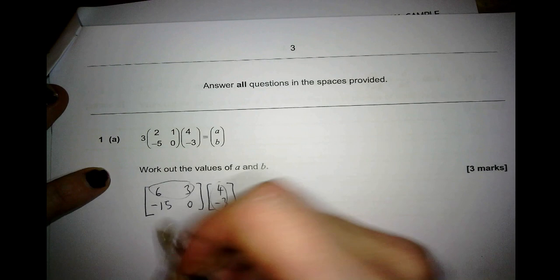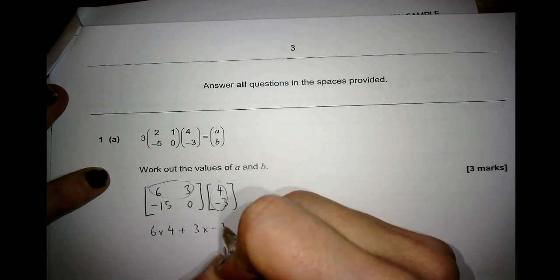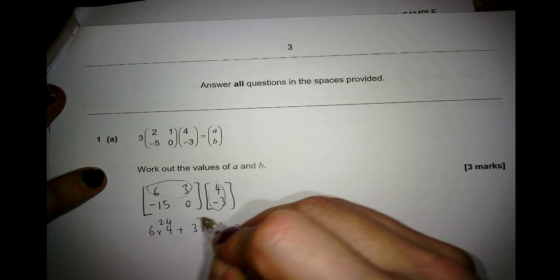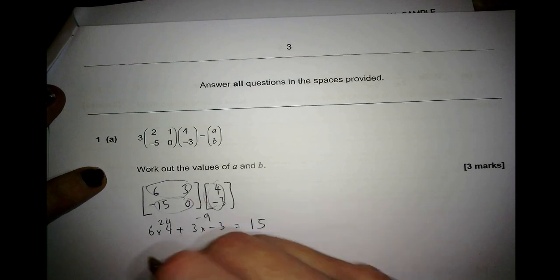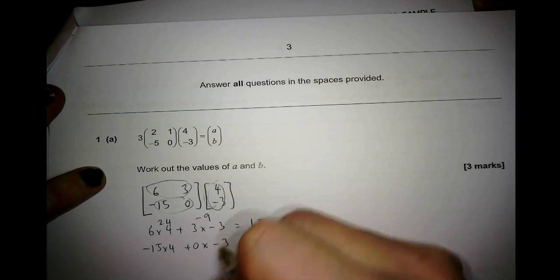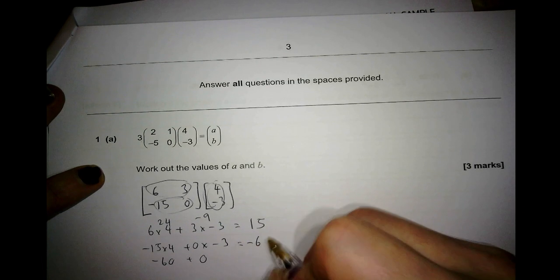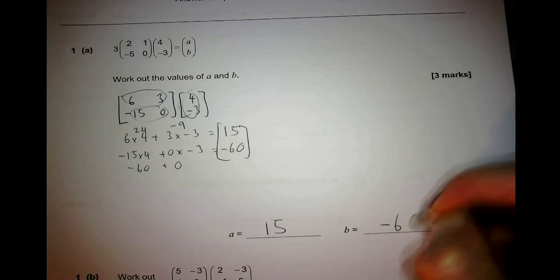Row by column, so 6 times 4 plus 3 times negative 3 gives me 24, take away 9, gives me 15, and then row by column, so negative 15 times 4 plus 0 times negative 3 is negative 60, plus 0 is negative 60. So A must be 15, and B must be negative 60.